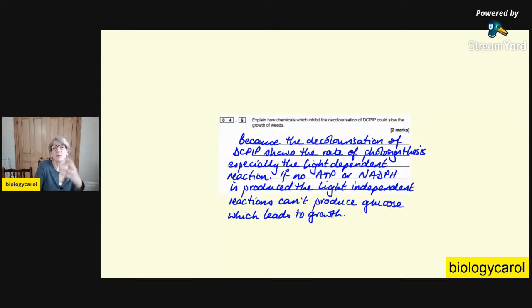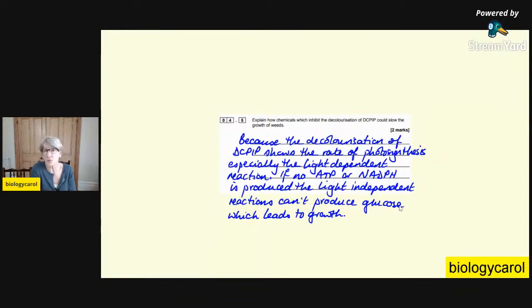Here we go. This is where I'm going into the detail. If no ATP or NADPH is produced, the light-independent reactions can't produce glucose, which leads to growth. And I'll be honest, I wanted to go on and say, can't produce glucose, and glucose is the basis of all the molecules that the plant has to make, which leads to its growth.